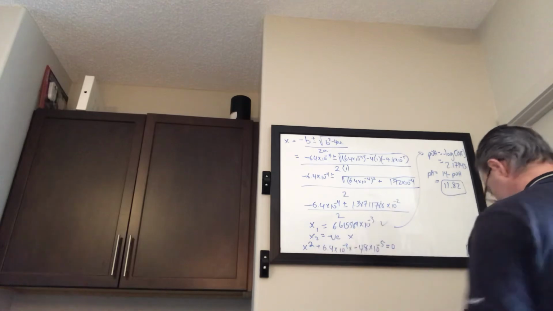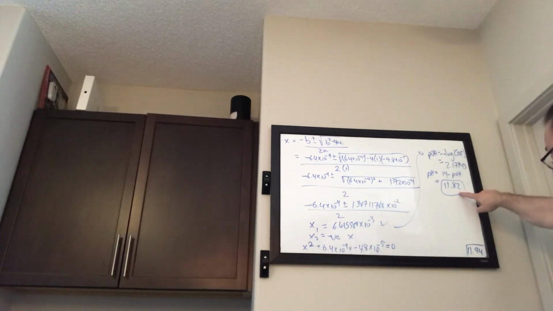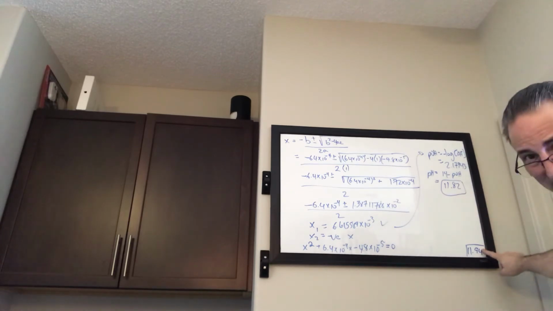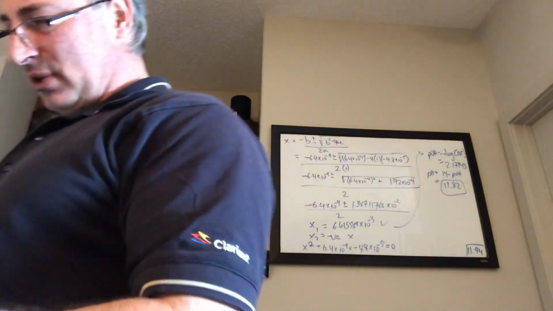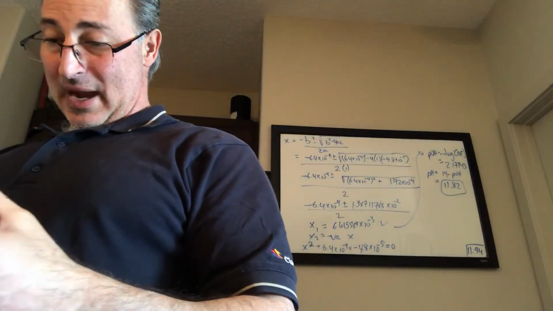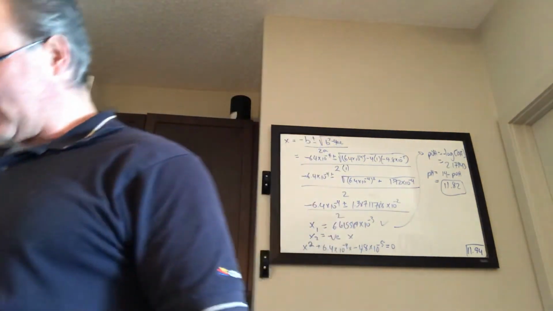So you see, we get the exact same number, and that corroborates that. That's the correct answer. So when you use the quadratic formula, you get this answer. When you use your approximation, you get 11.94. It's a very small difference, not completely negligible. And if you're looking for an exact mathematical answer, it's better to use the quadratic formula.